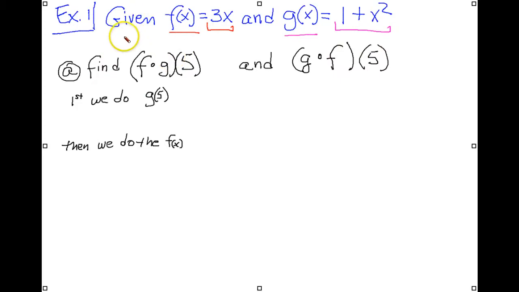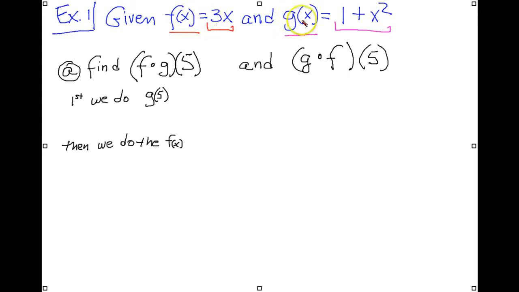So in example 1, we have given f of x equals 3x and g of x equals 1 plus x squared.